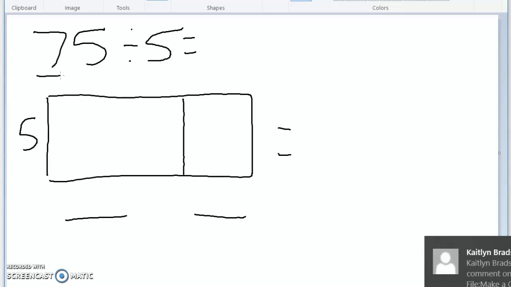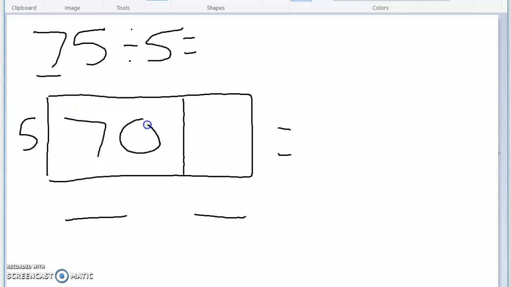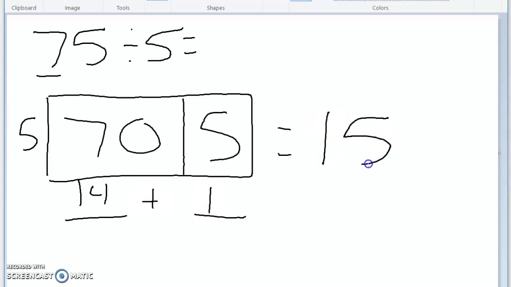If you go to your multiplication chart, you can divide that up. So you put 70 right there and a 5 right there. You can also count by 5s until you get to 70 and see how many times it took. It was 14. 5 divided by 5 is 1. 14 plus 1 is 15. Answer right there.